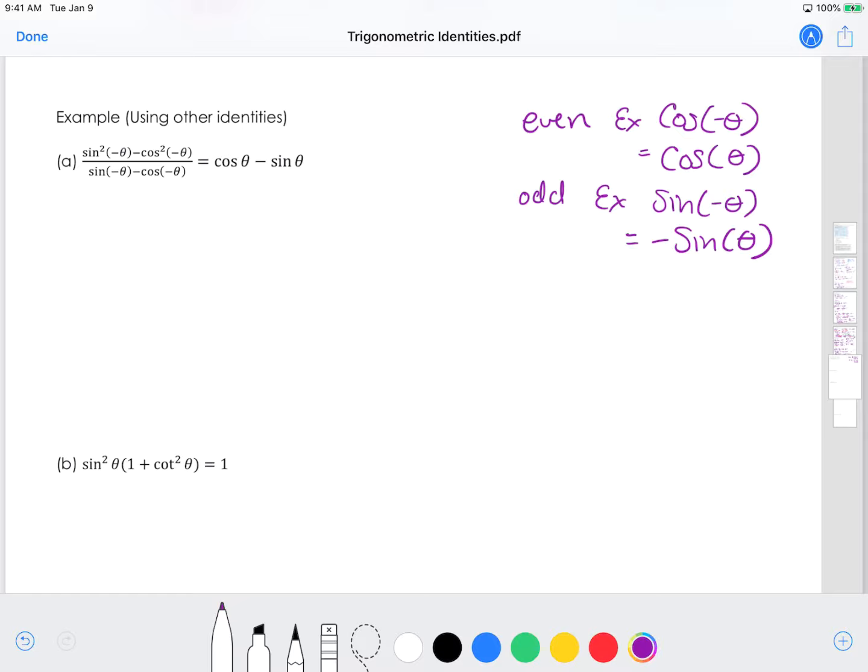So I'm going to rewrite sine squared negative theta as sine of negative theta, and I'm going to square it. So that way we don't mess up our negatives because of the squares. I'm going to rewrite this first. And cosine negative theta squared.